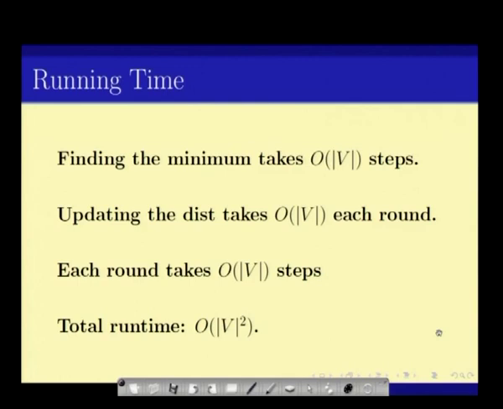So, one thing to note is, what is the running time of this algorithm? Note that finding the minimum takes order V steps, updating the distance takes order V steps each round, because we have to update all its neighbors if possible, and there are V rounds, where every round is taking one element out of the queue and removing it, and so the total runtime is order V square.